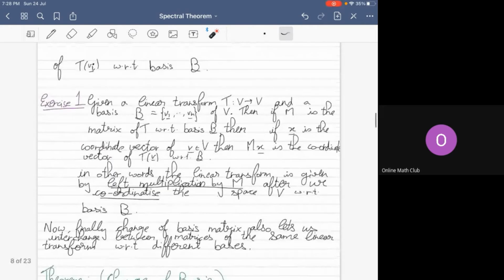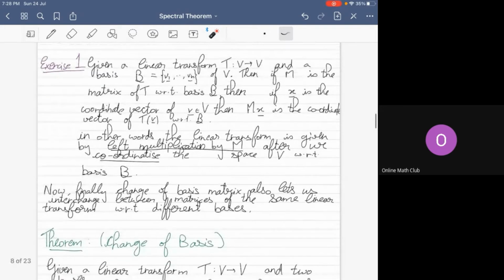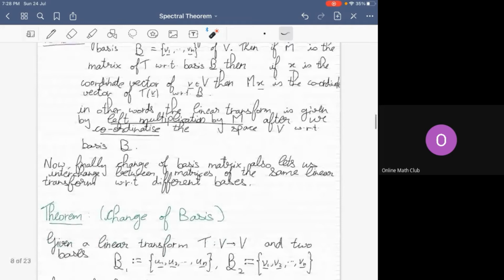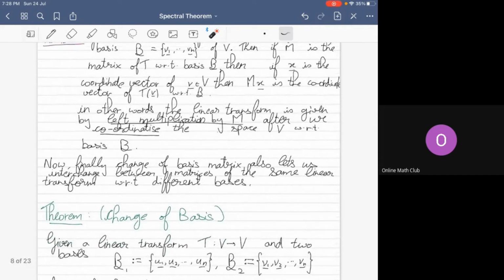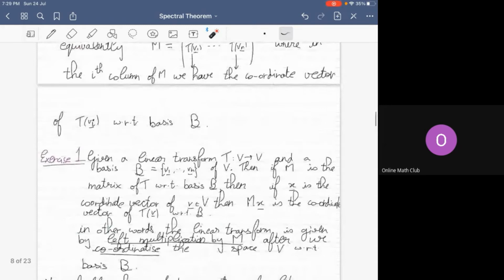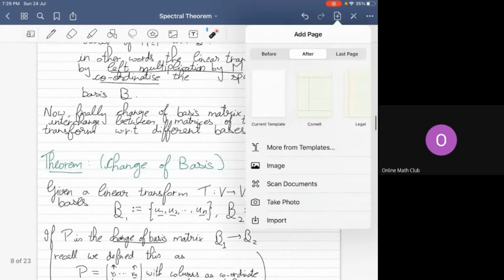So the nice thing about the matrix of a linear transformation is this. And okay, so this states the following, that essentially what this says is if we coordinatize our vector space V, wait, let's add a page.